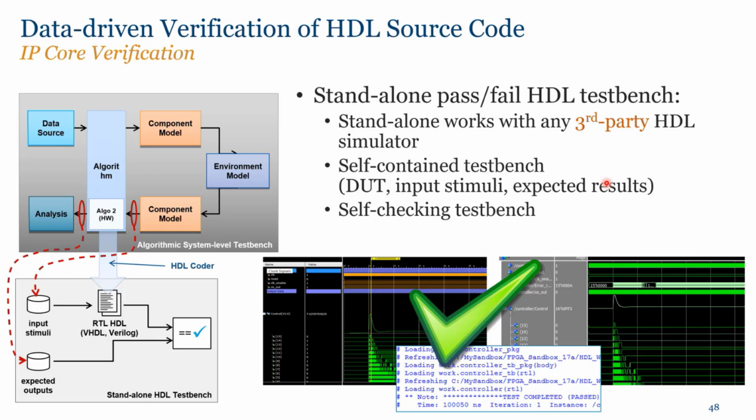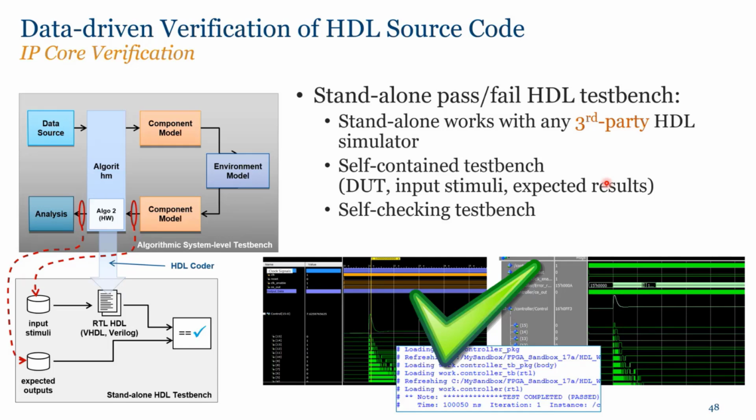Once this workflow is complete, you will not be using Simulink and MATLAB. You will have an HDL test bench equivalent to what you have as a test bench in Simulink and MATLAB, and you will be able to run this HDL test bench, calling your HDL code, as a standalone simulation using your HDL simulator.